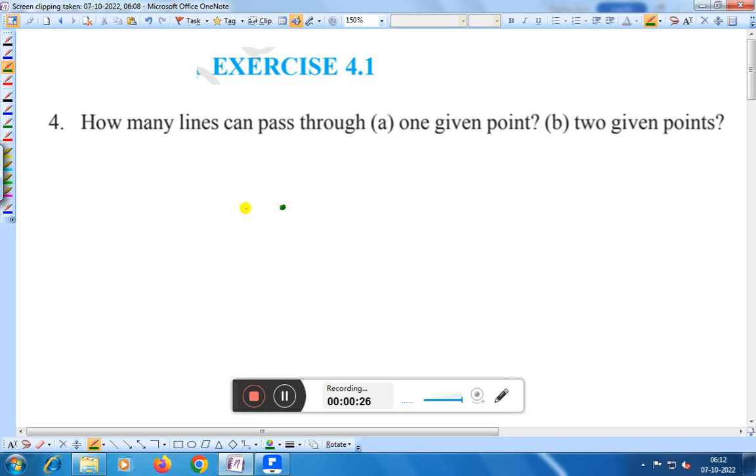We can write like this, that is, this is one line. This is one line passing through that point. This is one line passing through that point.